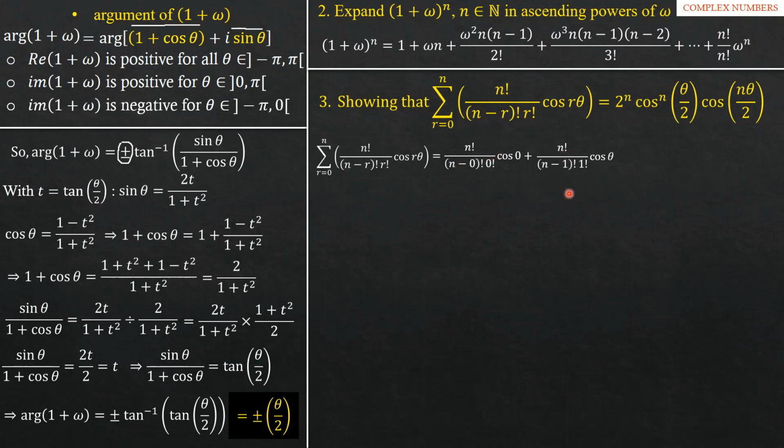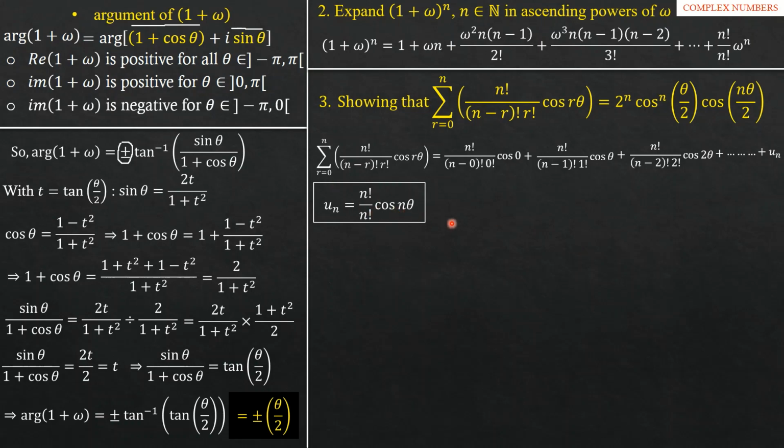Replacing r to be 1, we get 1 here, and cos 1 theta is cos theta. Replacing r to be 2 to get the second term, we replace r to be 2 here, then cos 2 theta. Right up till replacing r to be n, you get the n term. I'm going to show you what the n term actually is. Our n term is replacing r to be n, right?